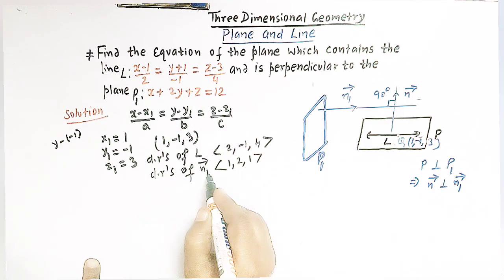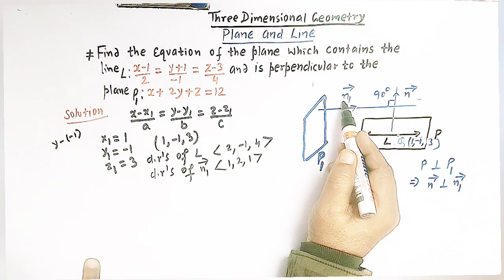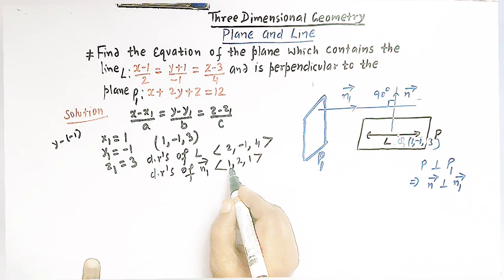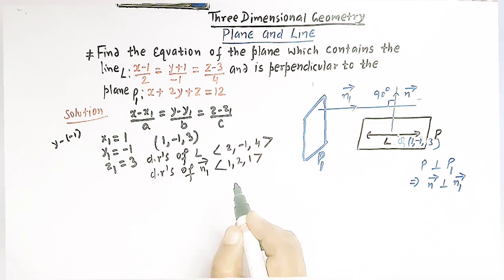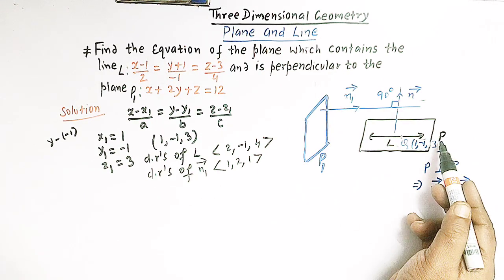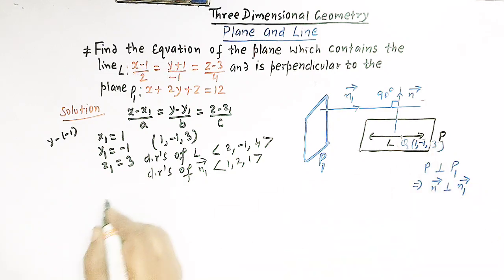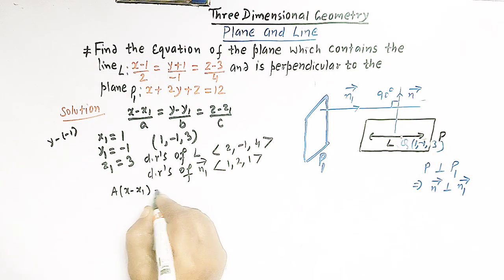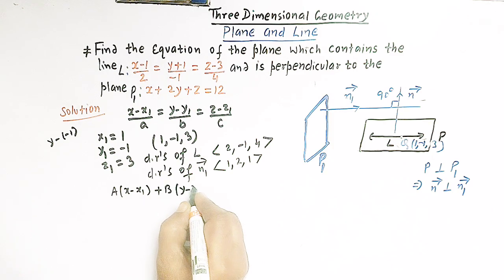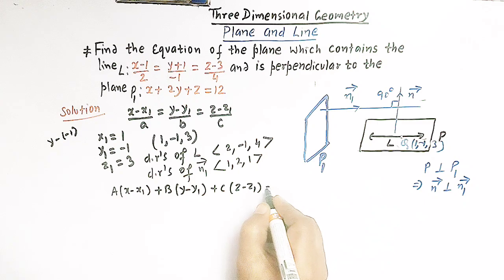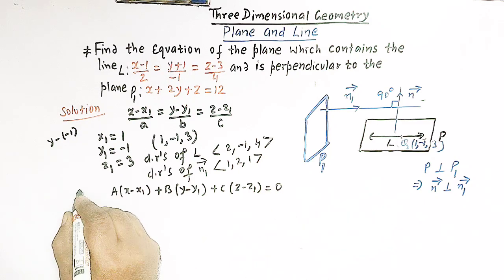So the direction ratios of the normal vector n1 to this plane P1 are 1, 2, 1. Now let us assume the equation of the plane P as a(x minus x1) plus b(y minus y1) plus c(z minus z1) equals 0.